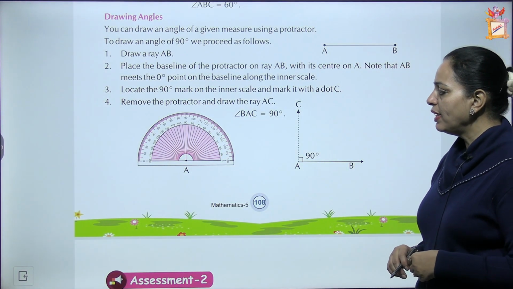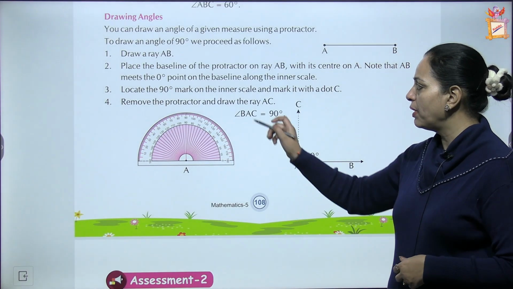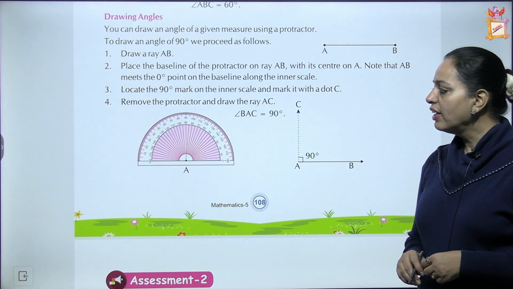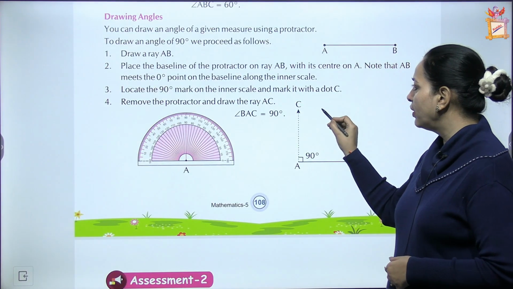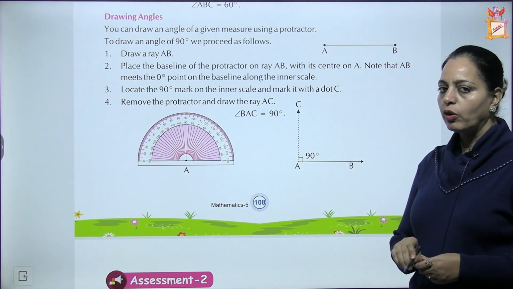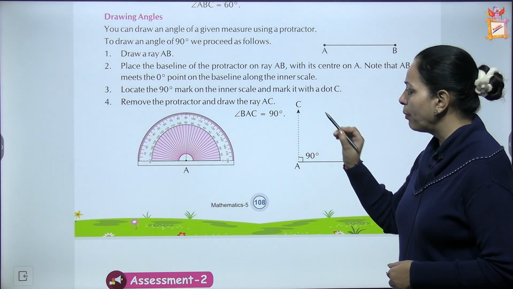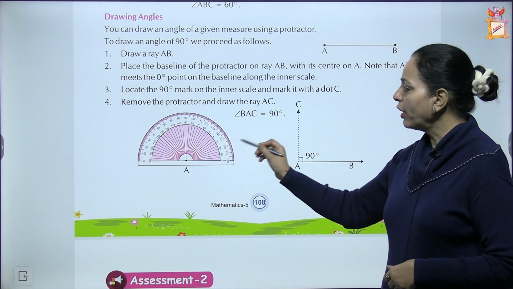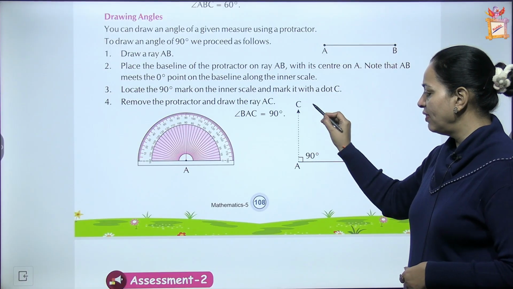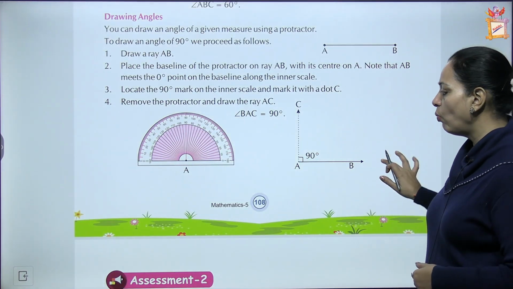Note that AB meets the 0 degree point on the baseline along the inner scale. Now locate the 90 degree mark on the inner scale and mark it with a dot C. Where 90 degrees is, we will put a dot. That is point C. Now remove the protractor and draw the ray AC. This is 90 degrees. So very interesting.